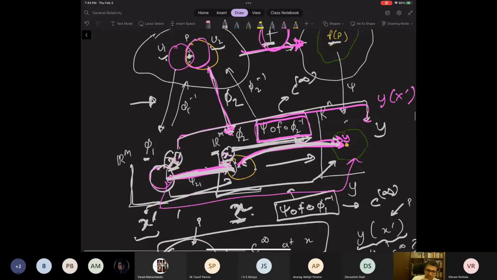That is, we're calculating y of x, which is basically equivalent to this function, which is from this coordinate system on M to this coordinate system on N.